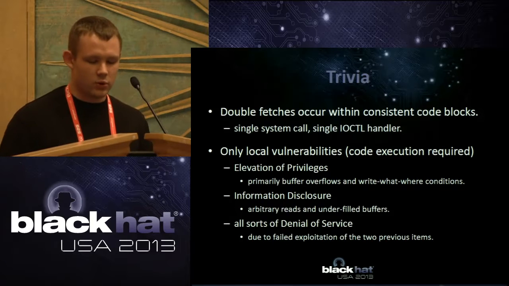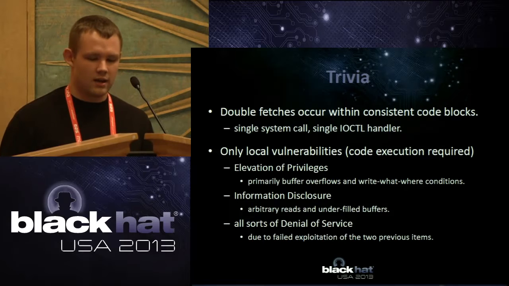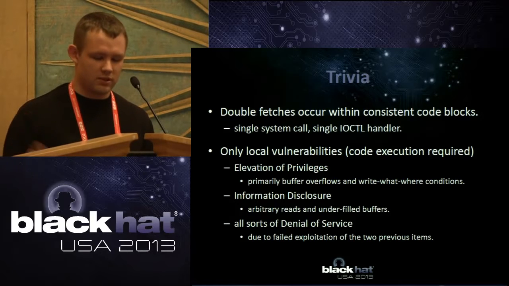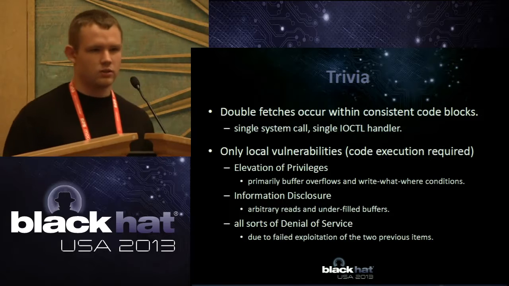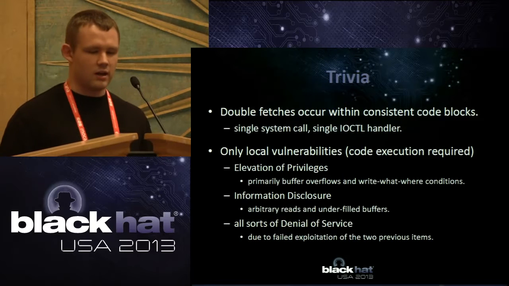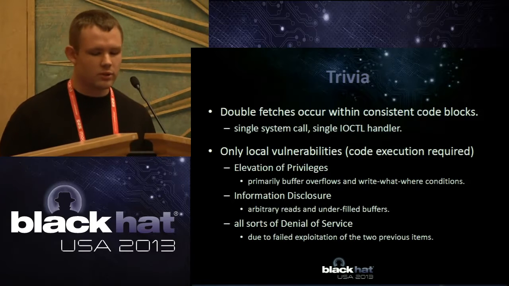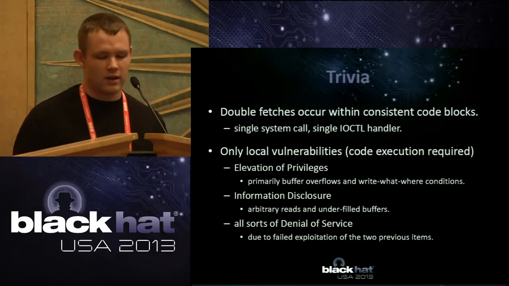You cannot really find remote ones because in order to actually flip the user mode memory that is being raced against, you have to have code execution to have a thread which flips the value continuously. So in the worst case, a double fetch vulnerability can lead to an elevation of privileges if you manage to get it to trigger a condition such as a buffer overflow or a write-what-where condition. You can also end up with an information disclosure such as the bug that I showed before.